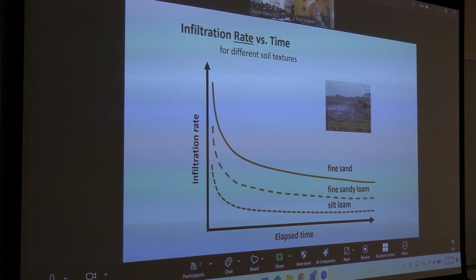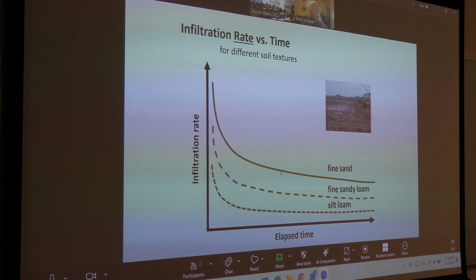Now, if we look at over time, as we start adding water to the soil, if we start out with a bone dry soil and we start adding water to it, the first few inches, we have a pretty high infiltration rate. But that infiltration rate drops off fairly rapidly as that water starts to get saturated.